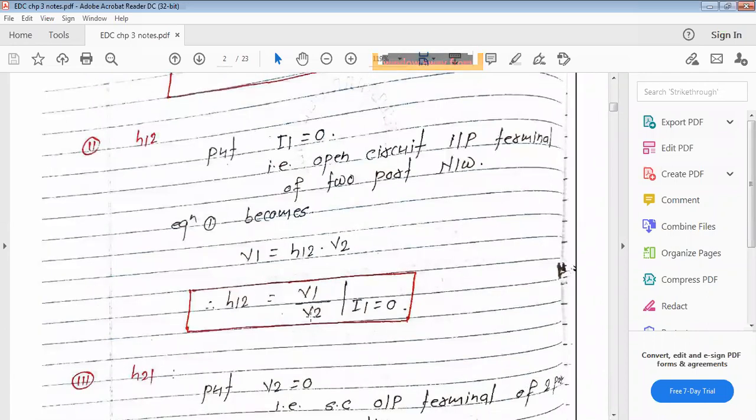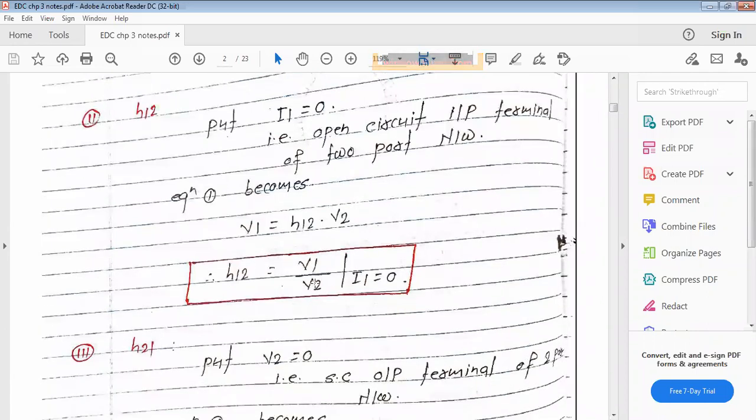Now tell me whether V1 upon V2 is an impedance, a conductance, a voltage gain or a current gain. V by I is nothing but resistance, so is it a voltage gain or a current gain?